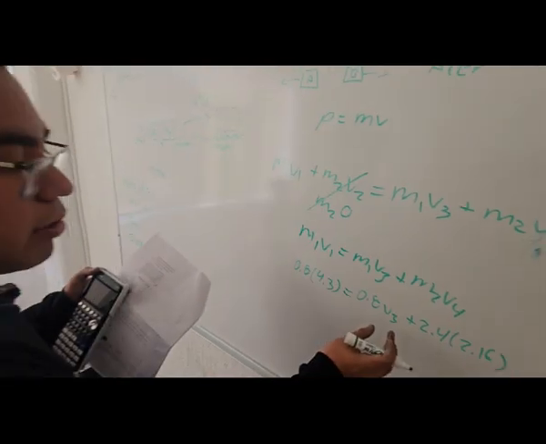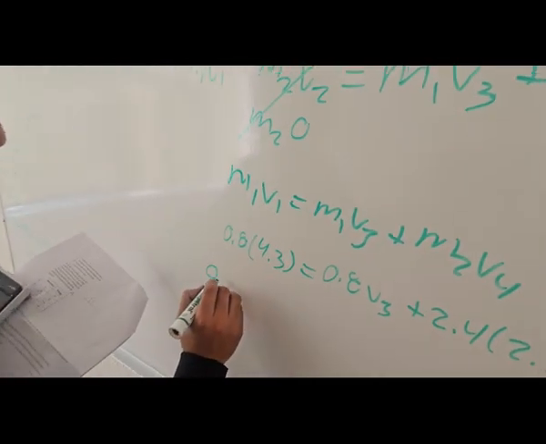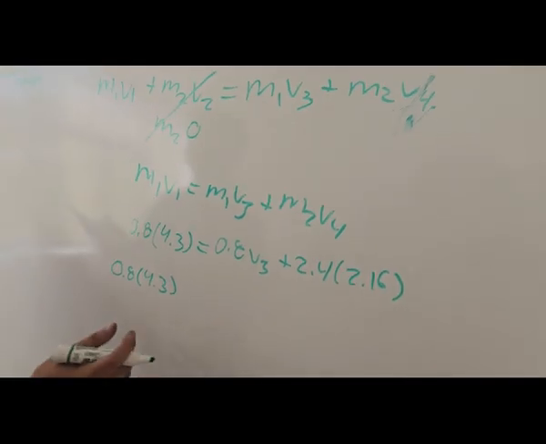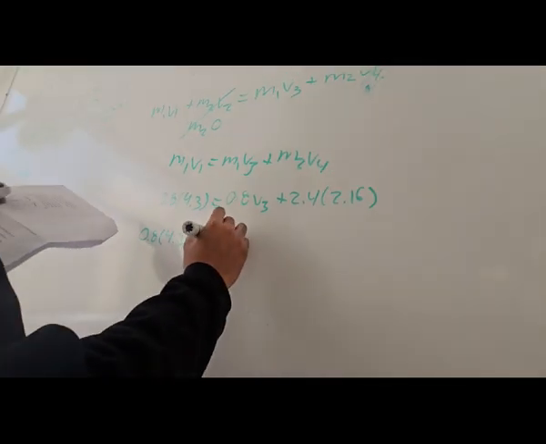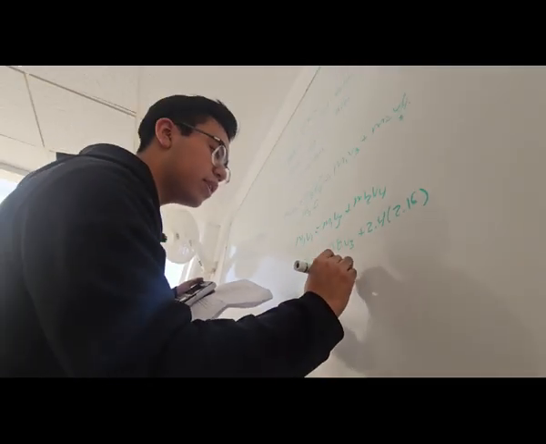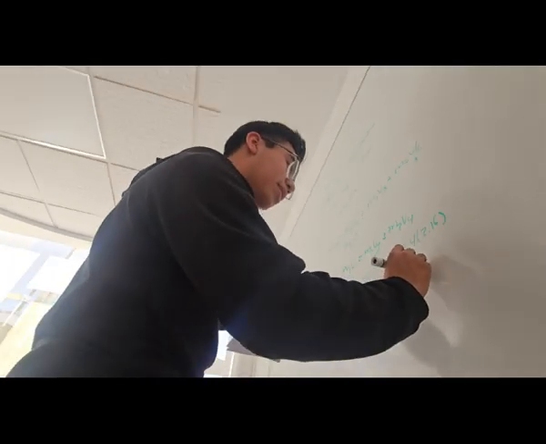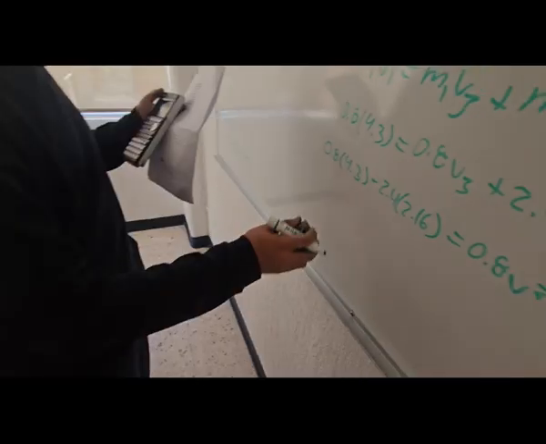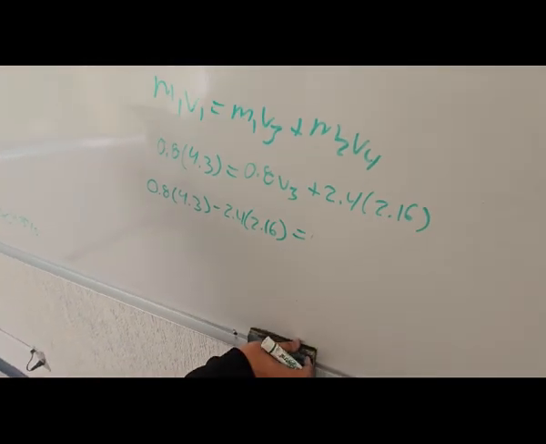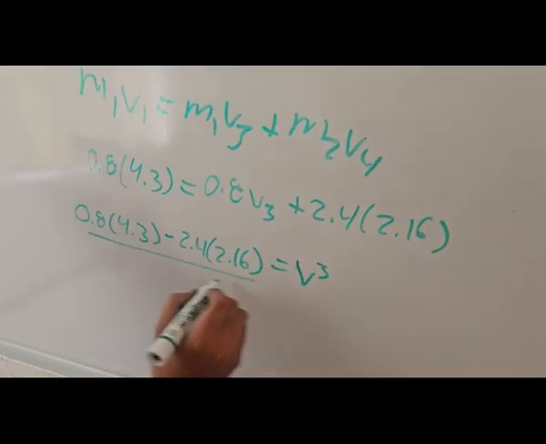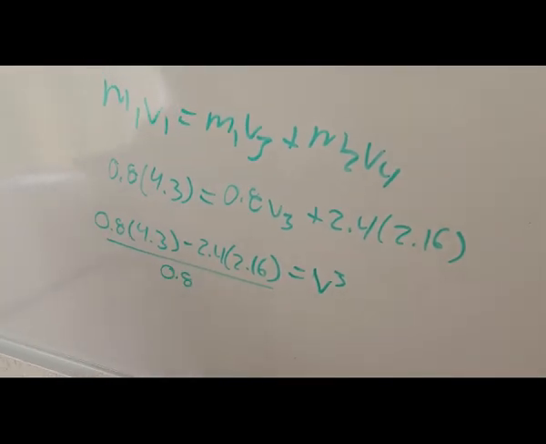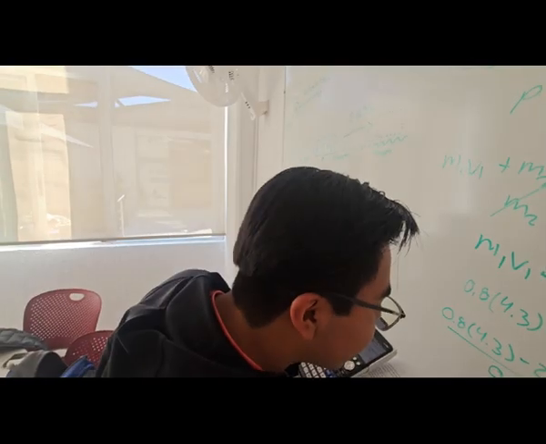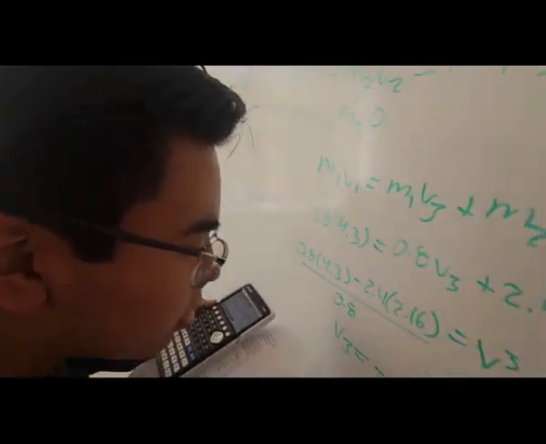Okay, so now we solve for v3. 0.8 times 4.3, this one goes to the other side, subtracting 2.16, and this is equal to 0.8 v3. And this mass will go dividing, ending up with v3 is equal to everything. So now let's put this in the calculator, and we end up with v3 equals minus 2.18.